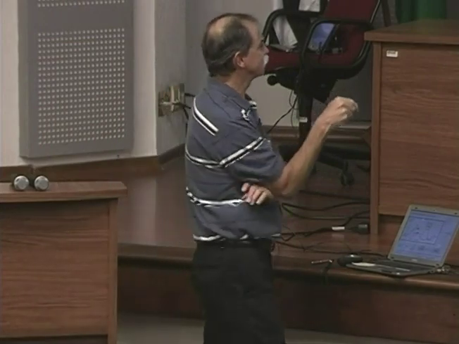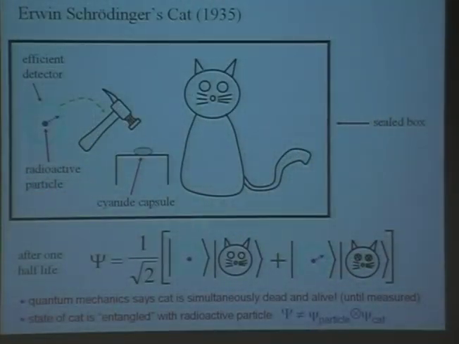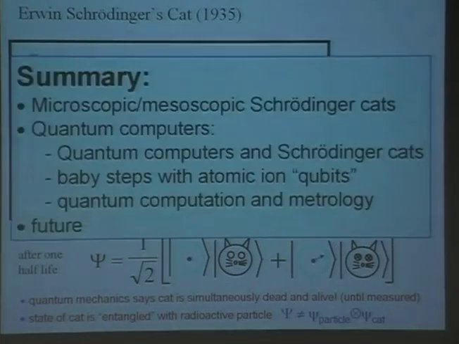The cat is both dead and alive. The other thing I'll touch on throughout the talk is this idea of entanglement. When we write a wave function like this, we see that the properties of the particle are correlated with the cat being dead and alive in this case, and that'll be a theme that recurs through this idea of quantum computation.